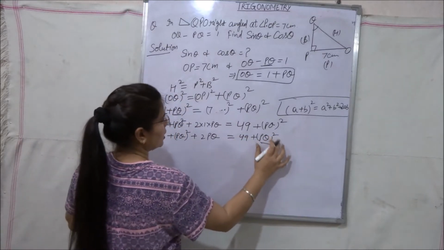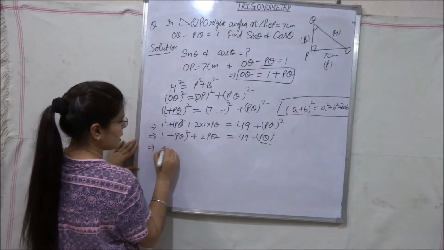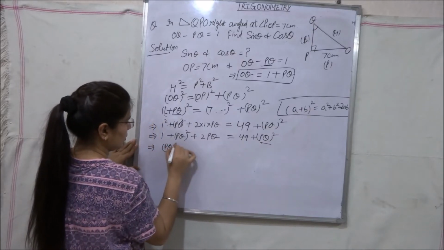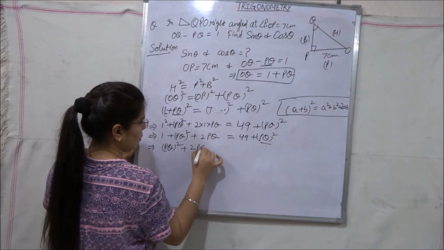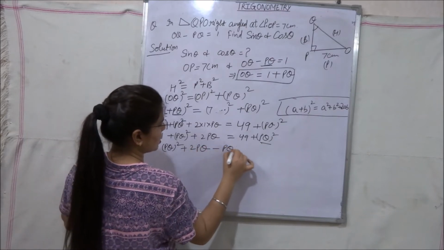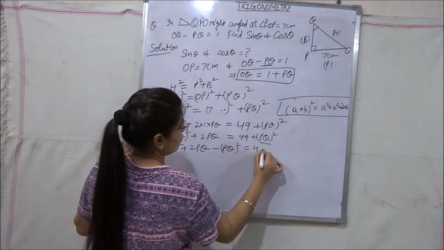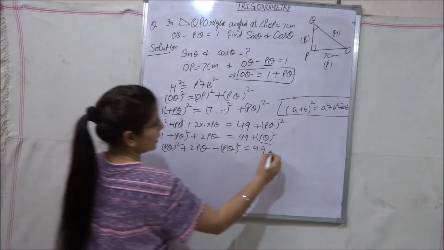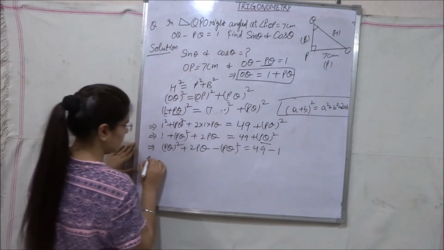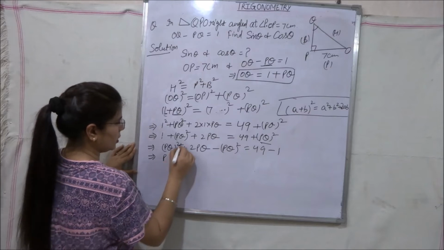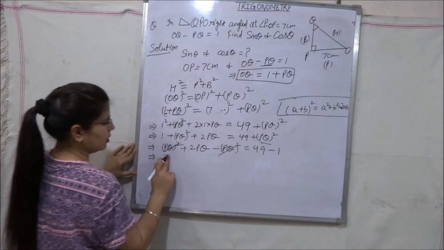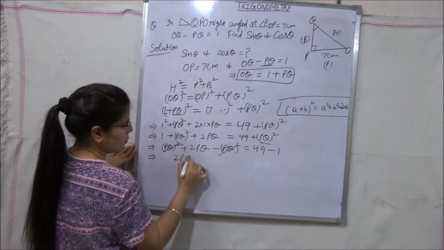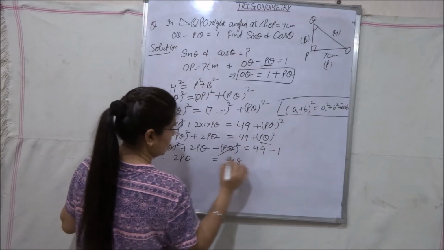So taking the like terms on the left hand side, PQ square plus 2PQ minus PQ square equal to 49, and 1 will be taken on the right hand side. So PQ square and PQ square get cancelled. 2PQ is equal to 48.